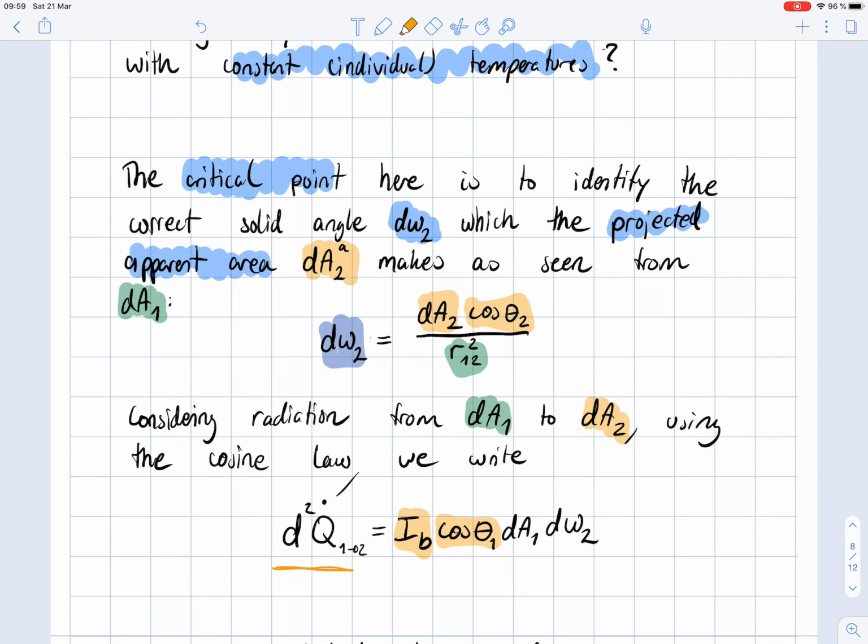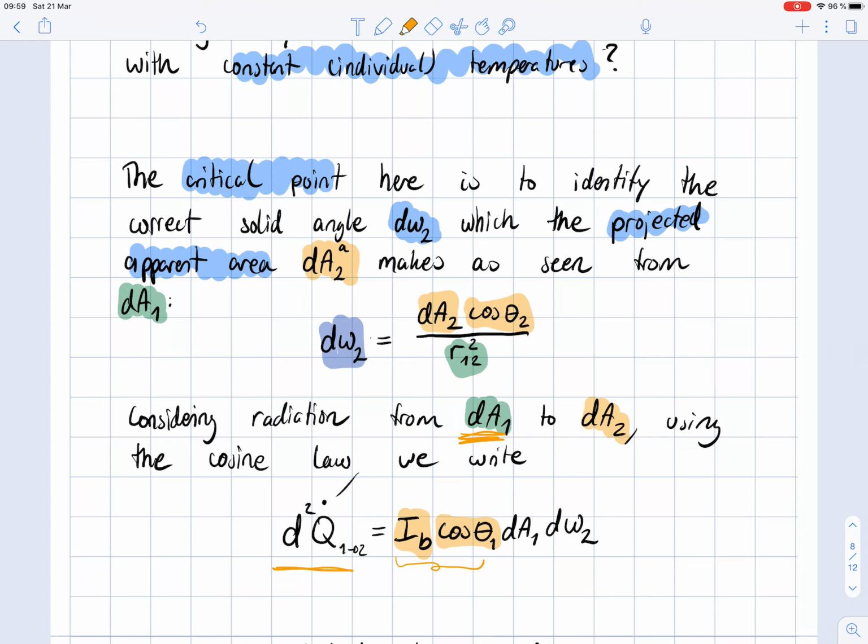Why theta 1? Well, because it is the radiation from dA1. So this follows from the cosine law.